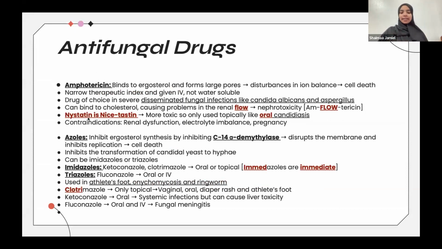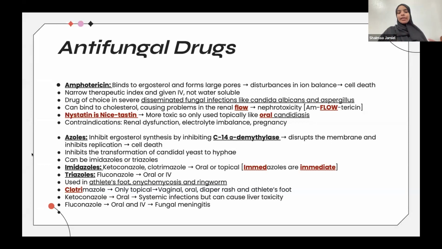Then we have nystatin. So nystatin is the other polyene, but it's much, much more toxic than amphotericin. So it will never be used systemically, okay? It can be used topically as swish swash, basically for oral candidiasis. You take it, you move it around your mouth, and then you spit it out. So that's for nystatin.